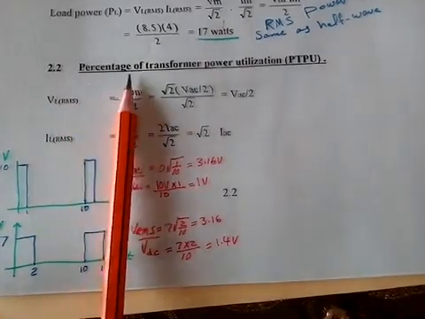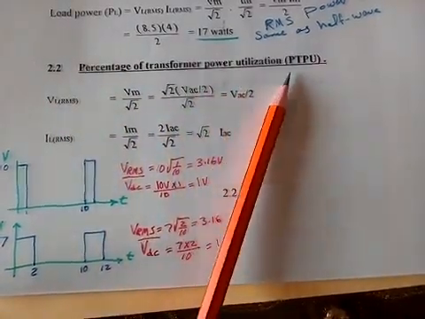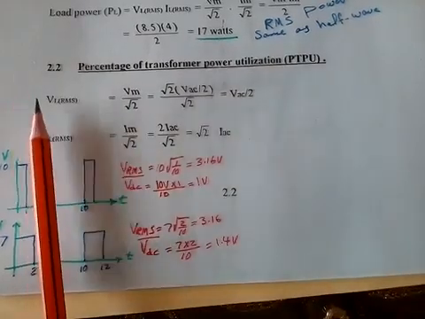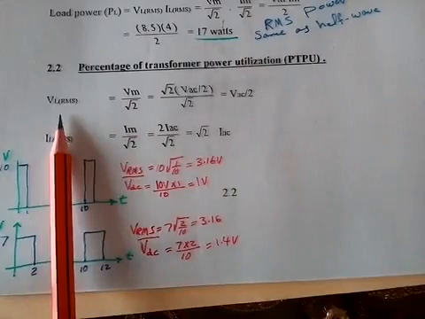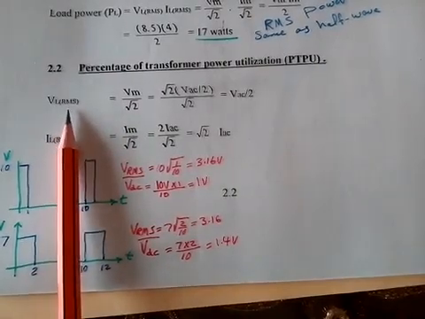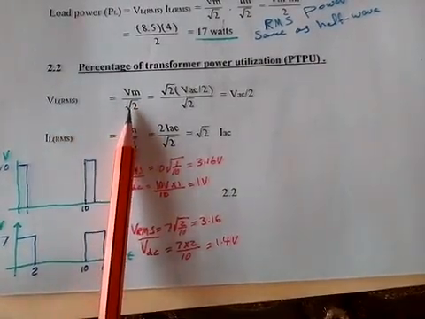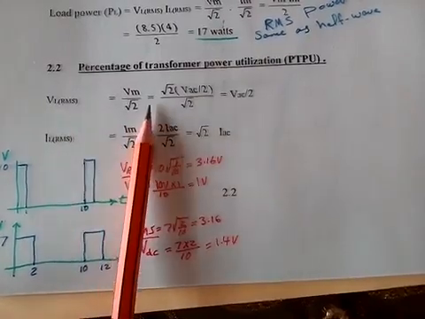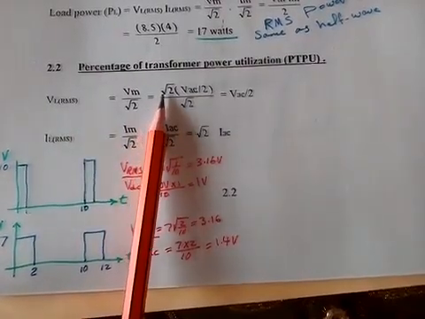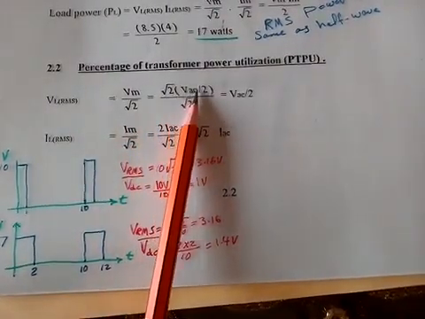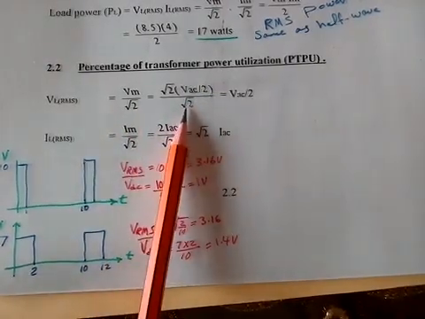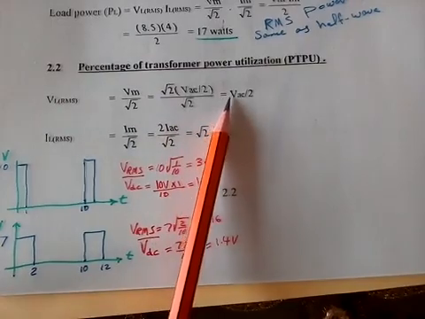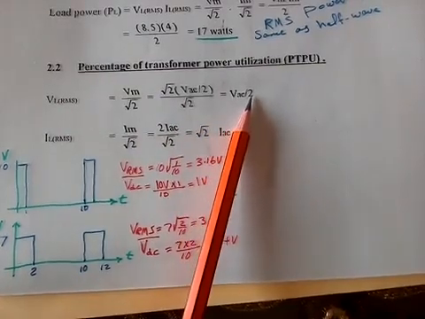Now the percentage of transformer power utilization, the PTPU. We have the VL in RMS, voltage across the load in RMS, and like we said, it's Vm over root 2. That can be written also as root 2 multiplied by VAC over 2, the whole thing divided by root 2, and that equals finally VAC over 2.